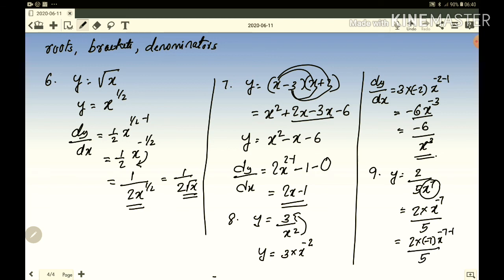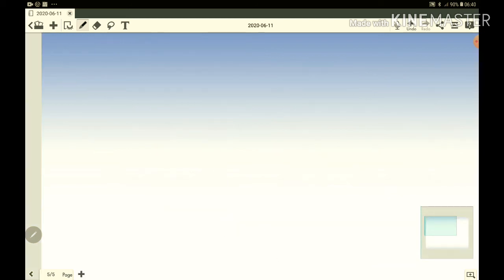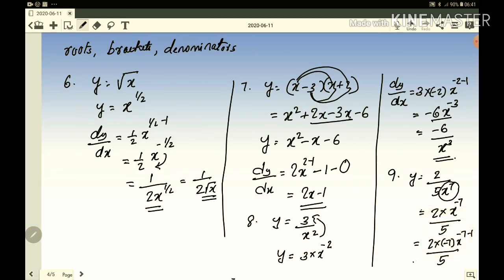See, we are done with the differentiation. Is it clear? Now the final answer is, let me write it. dy by dx, that is 2 times minus 7. 2 times minus 7 is minus 14, right?